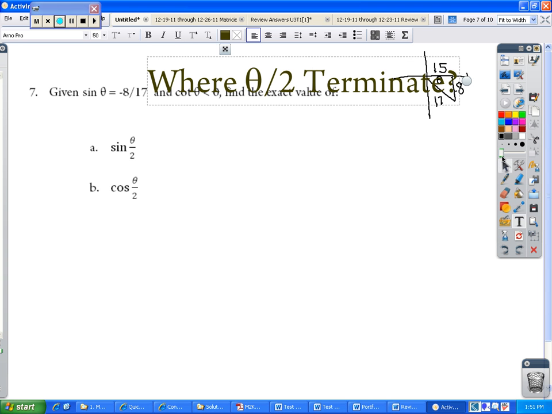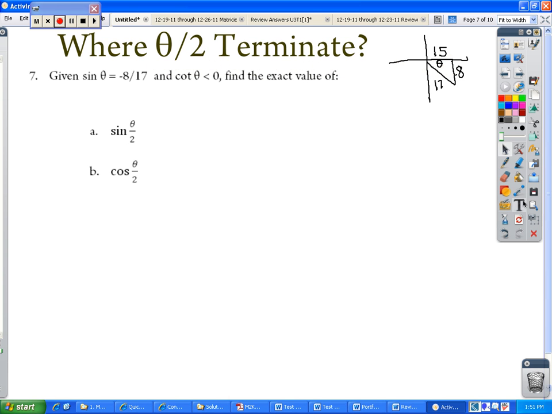To figure that out, we are going to take our original range, which was from 270 degrees up to 360, and we are going to half it. If we divide 270 in half, we get 135. And if we take half of 360, we get 180. So in which quadrant are we between 135 and 180? That is in the second quadrant. So our half angle is going to terminate in the second quadrant.